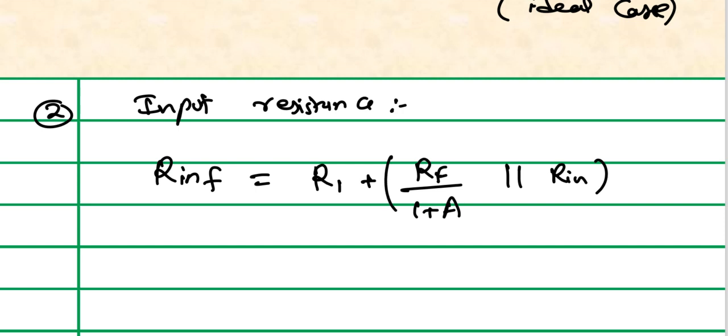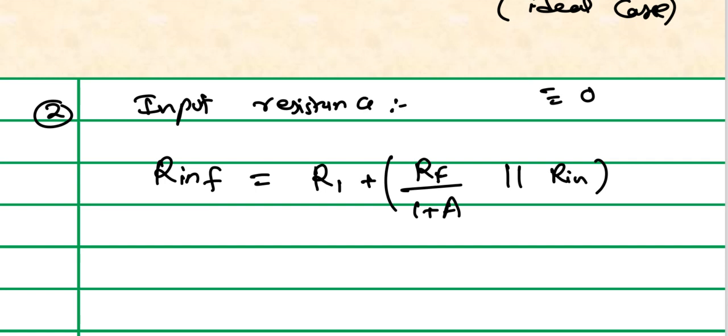This formula I don't expect you to remember, but the observation is important. If I put the A value as infinity, the term RF upon 1 plus infinity becomes 0, and 0 parallel with any resistance means short circuit, so overall it becomes 0.